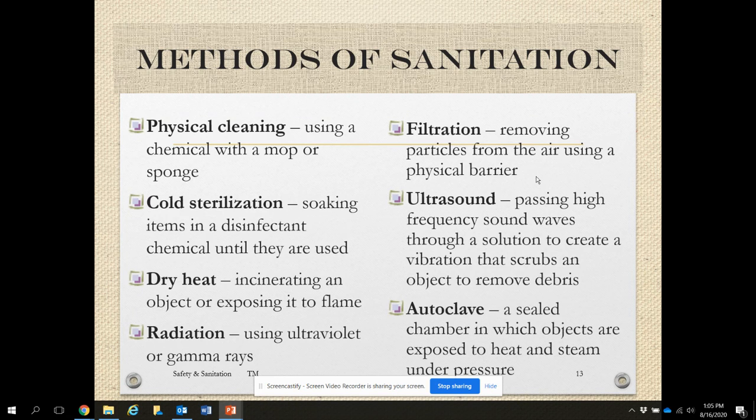And then we have the autoclave, which is like a giant pressure cooker. It's a sealed chamber where objects are exposed to heat and steam under pressure for a certain amount of time, and that sterilizes the instruments so that they are ready to go into surgery.